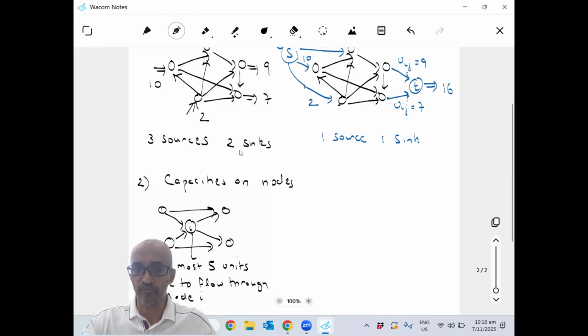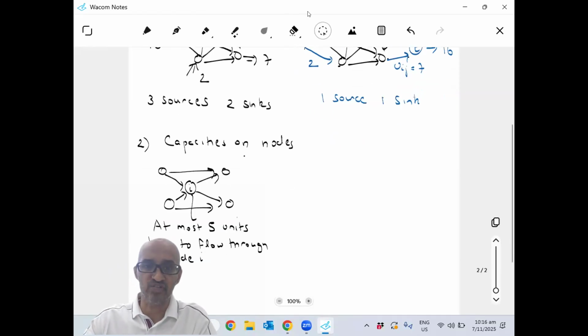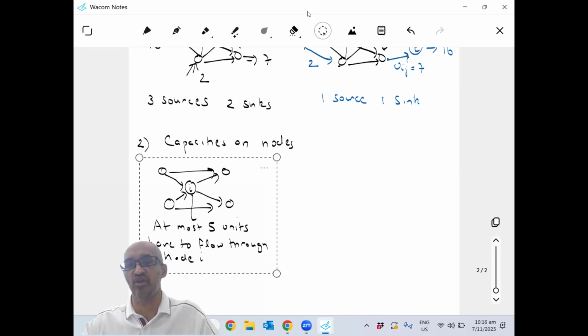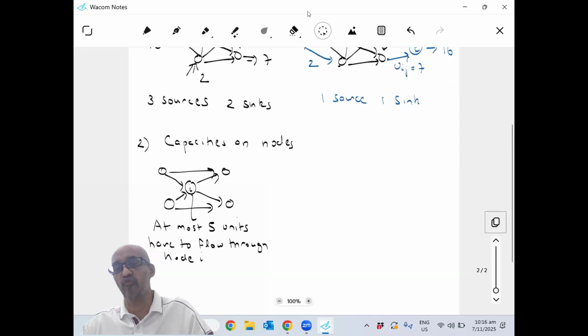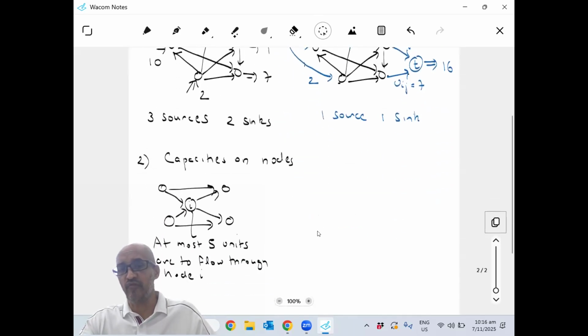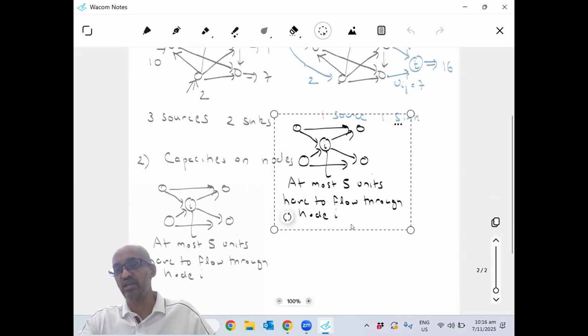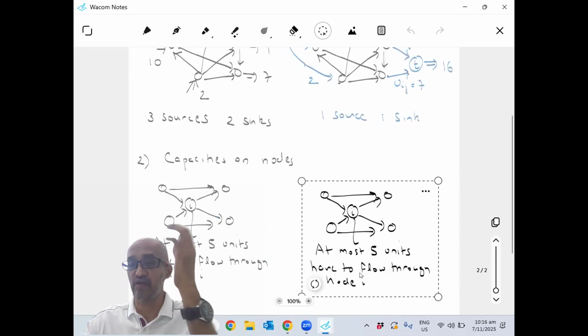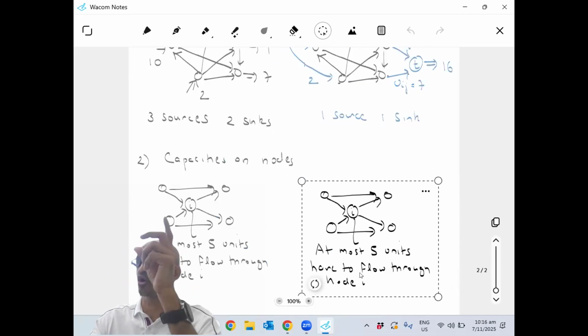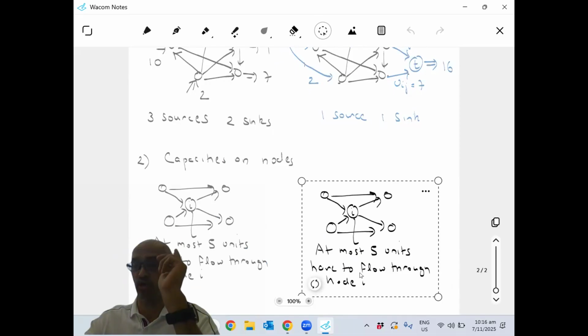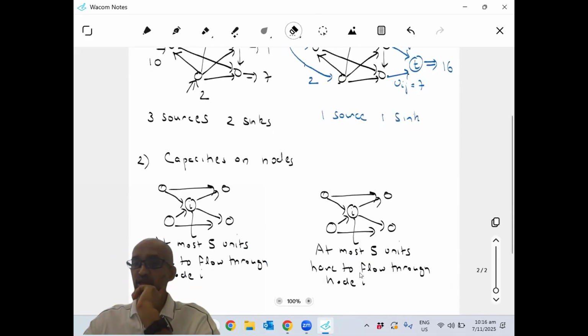That will have some additional constraints saying that the total sum of inflows is at most 5. A second way we could do this, where we keep a network structure where you have only flow conservation and capacity constraints on edges, is to simply duplicate the node.